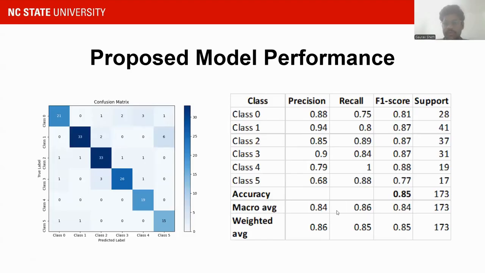So this is our model performance. We get a fair accuracy of 85%, and as you can see, the model performs way better compared to what KNN and SVM performed. There are very few false positives and false negatives, which are very important in this case.